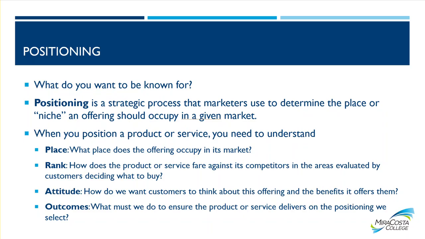The rank. How does the product or service fare against its competitors in the areas evaluated by customers deciding what to buy? The attitude. How do we want customers to think about this offering and the benefits it offers them? And the outcomes. What must we do to ensure the product or service delivers on the positioning we select?